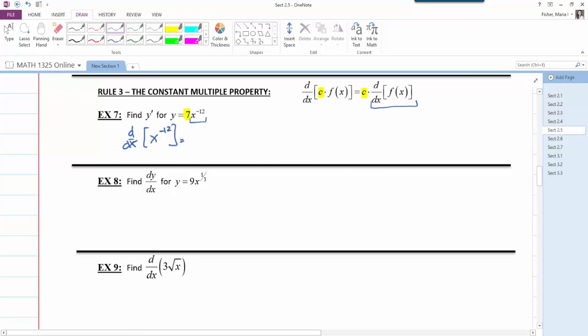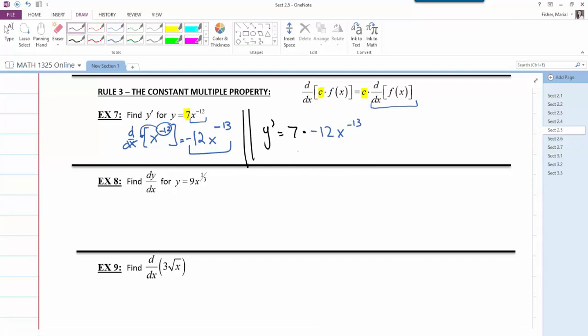Well, what's the derivative of x to the negative 12th? Well, this is just the power rule. The negative 12 comes out and multiplies, so negative 12. And then it's going to be x raised to 1 power less, so negative 12 minus 1 is negative 13. So my y prime is going to be 7 times whatever I just got here, which is negative 12 x to the negative 13th.